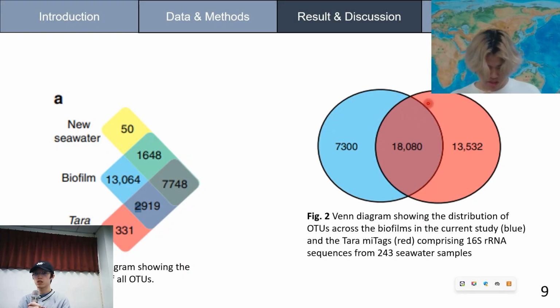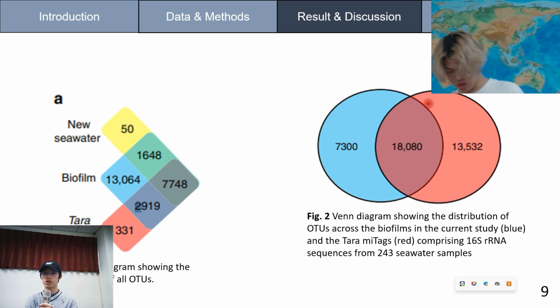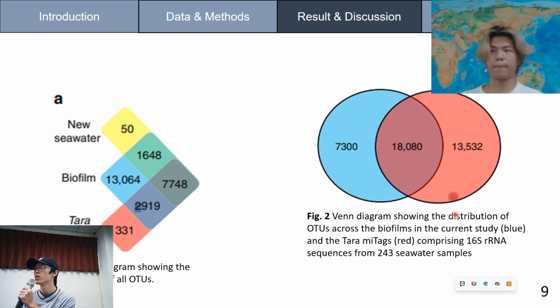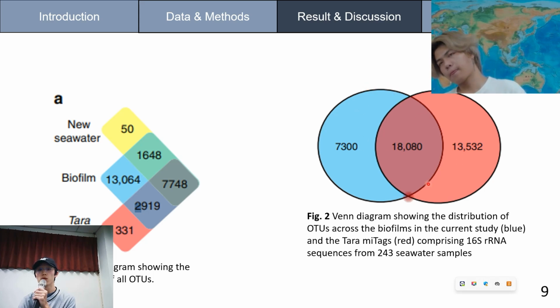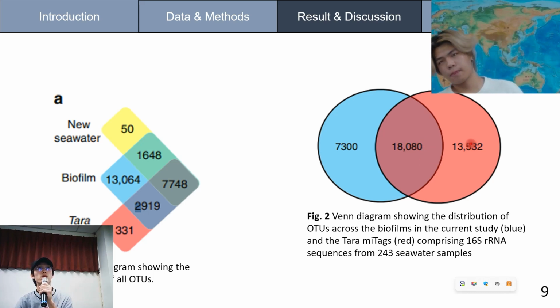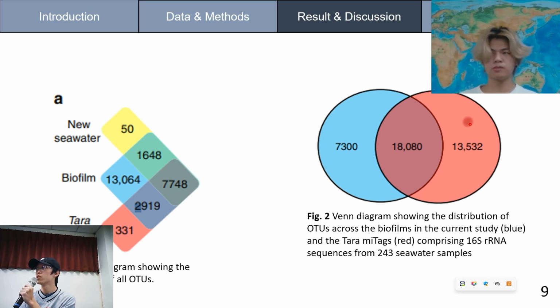What does the Venn diagram in Fig 2 tell us about the overlap of OTUs between biofilms and Tara seawater samples? Oh, it's about the known species because, as I said, you can think the red circle is a dictionary, and the blue circle is the current study, and the overlapping part is the species of bacteria we already know.